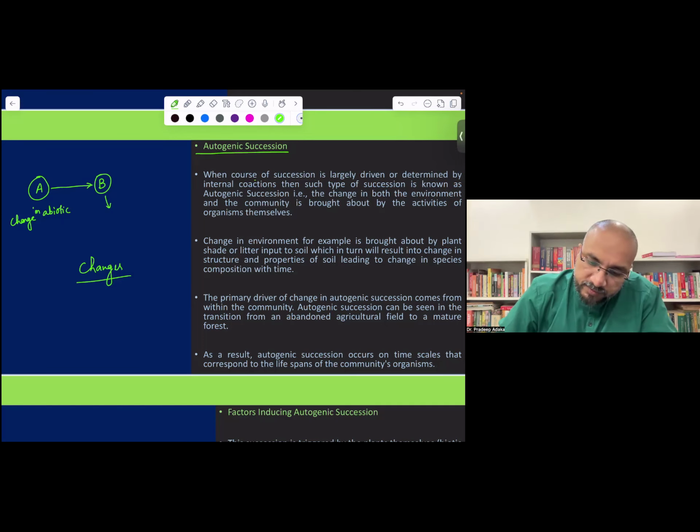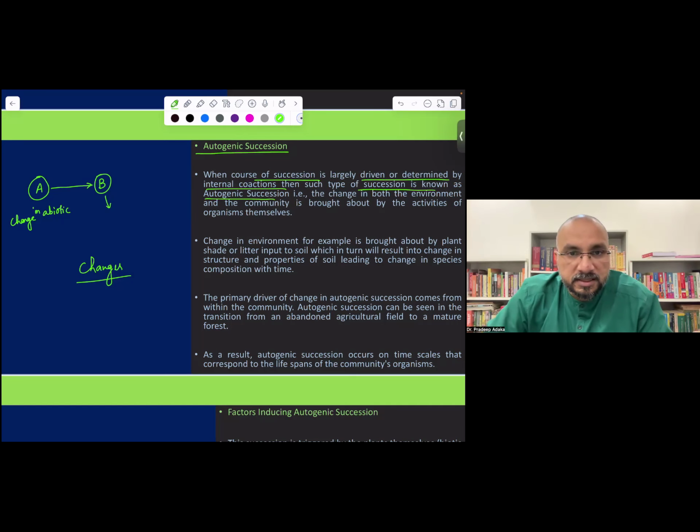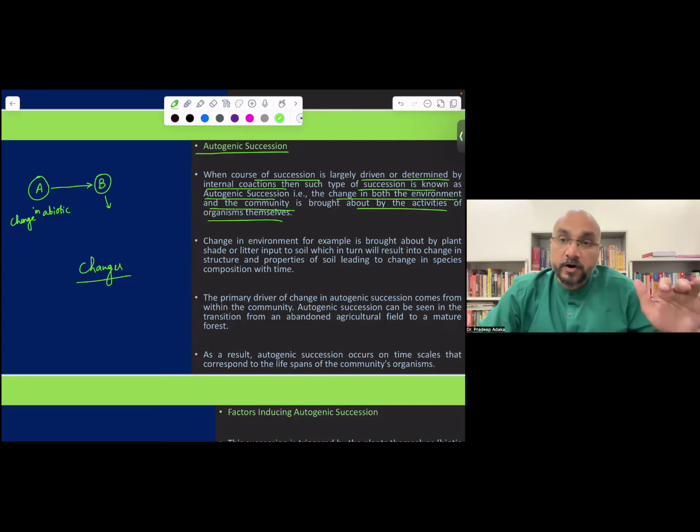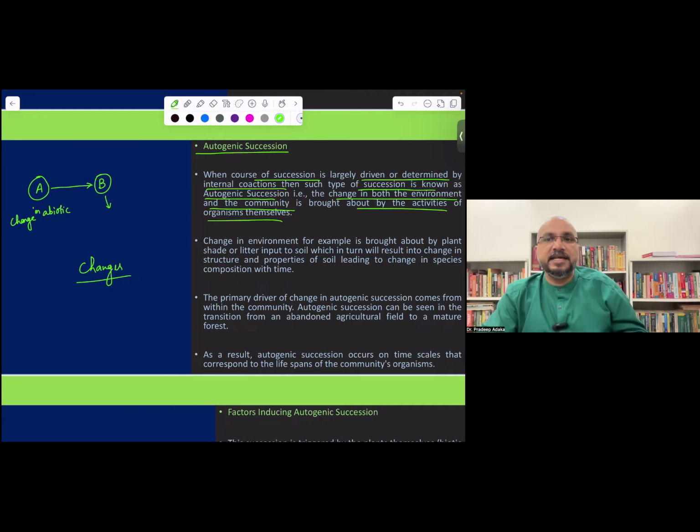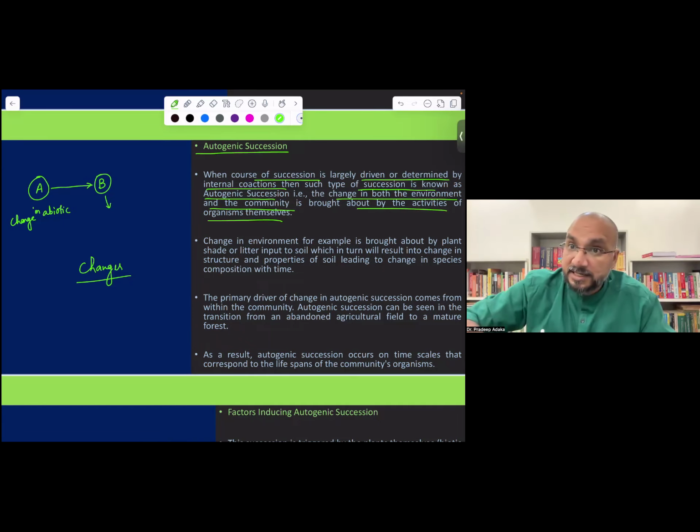So when the course of succession is largely driven or determined by internal coactions, such type of succession is known as autogenic succession. That is, change in both the environment and the community is brought about by the activities of the organisms themselves. यानी organism के खुद के interaction की वजह से changes आ रहे हैं, and these changes are more comfortable or more congenial for other species that will take over the area.